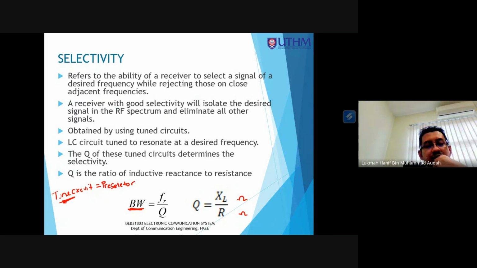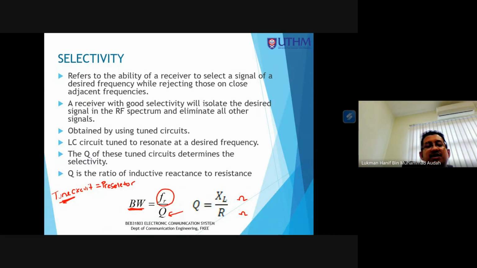So the bandwidth of the tune circuit, or of the pre-selector, is equal to the resonant frequency divided by the Q factor.